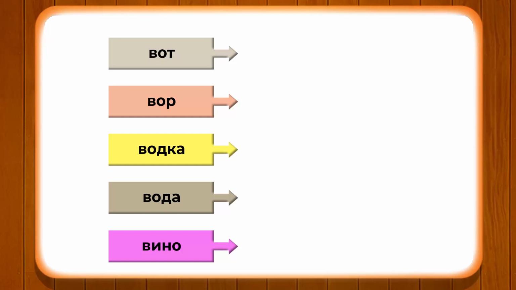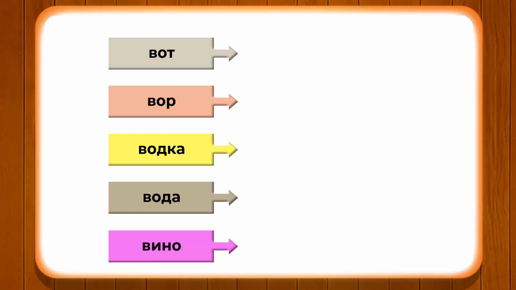But in the word vada, it is rising at the end because the udarenie is on A, not on O. So, vada, and that is why the sound of O is coming like A. Alright, and in case of vino, it is again on O and it is being pronounced as vino. So, the end of the word which has this vowel O is rising.